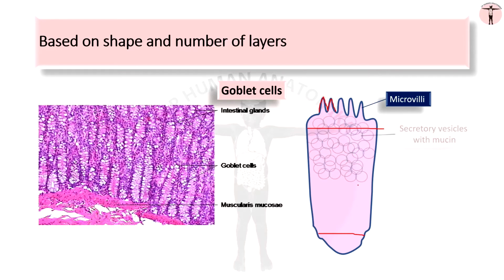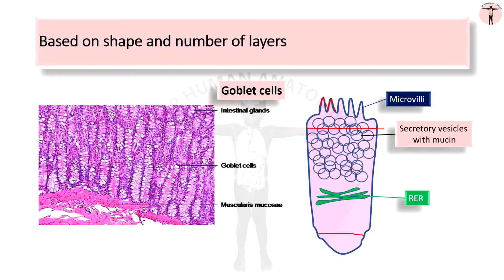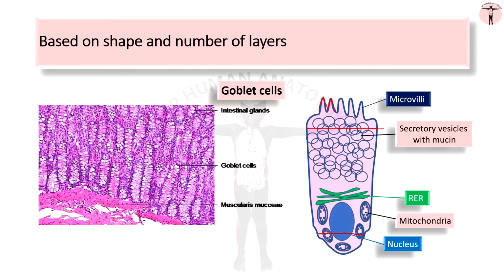The apical portion is occupied by secretory granules or vesicles filled with mucin. The basal half has the rough endoplasmic reticulum, nucleus and the mitochondria, which are present around the nucleus. The Golgi apparatus is present between the granules and the nucleus. In processed sections, the mucin granules present in the secretory vesicles are washed off during processing.